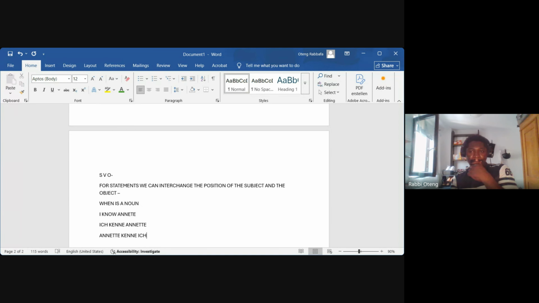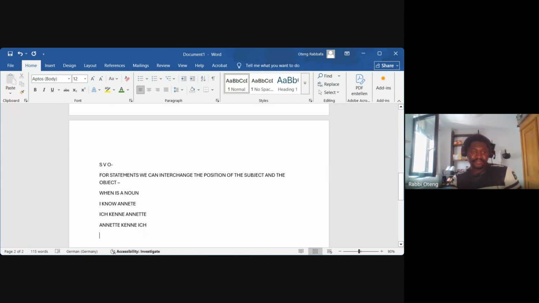So you can interchange it when the object is a noun, and you can also interchange it with the verb. Maybe I'm cutting down this tree.